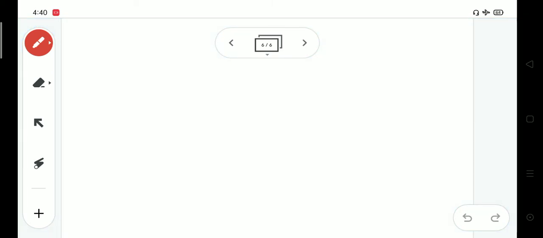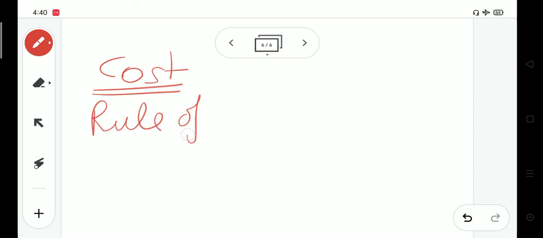Why is it very important? Now I have to discuss it, because there is a rule. The rule is the rule of third. Let me briefly tell you about this rule.